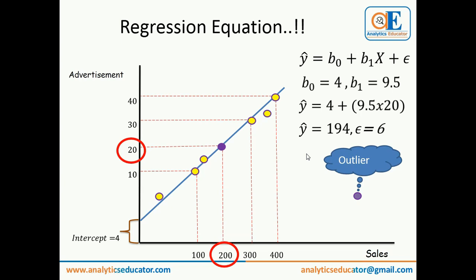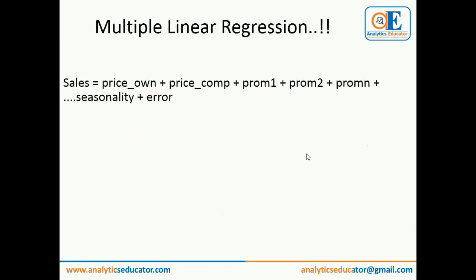Okay. Now we will foray into another concept which is called multiple linear regression. What does it mean? It means my sales not only gets impacted by my own price, but also by my competitor's price.